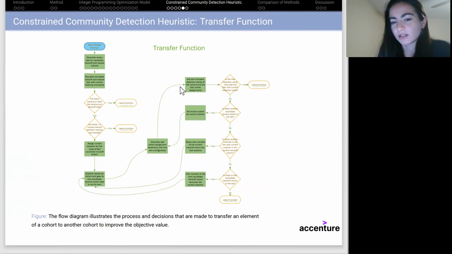Transfer function, similar approach, but this time instead of just swapping two individuals, we are removing one individual and adding it to another group.